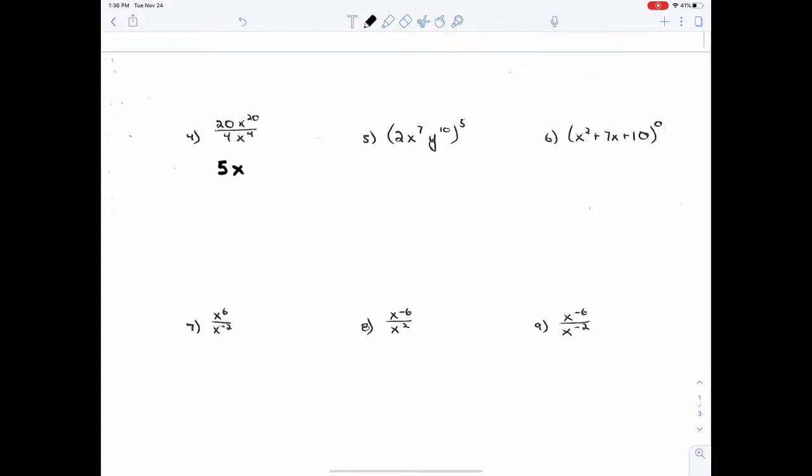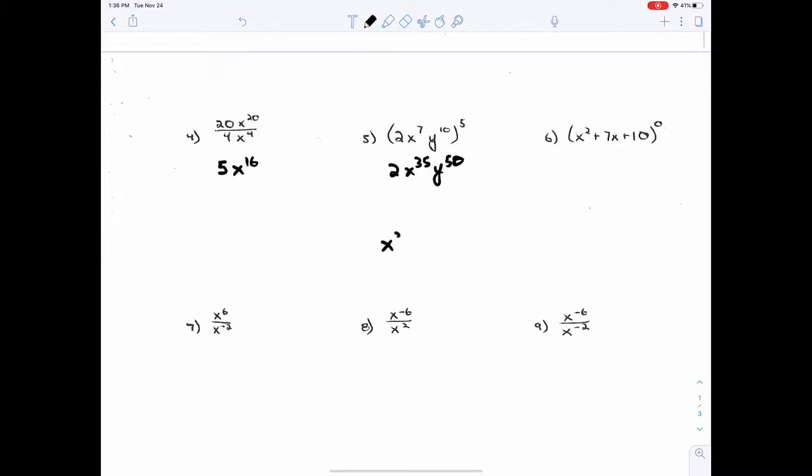It gives you x to the 16th because you take 20 minus 4 with the exponents. Okay, on the next one, here's what most people do. Don't write this down because this is wrong. They say 2, x to the 35th, y to the 50th. Okay, now what's wrong with that? If I give you this, don't write it down, just watch.